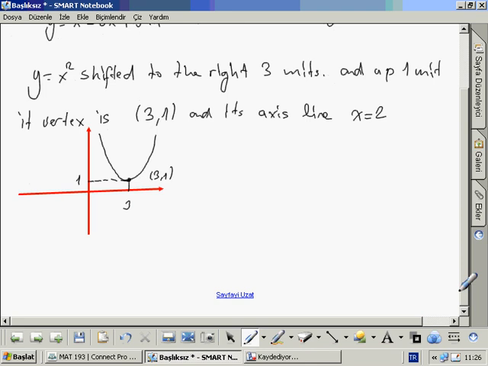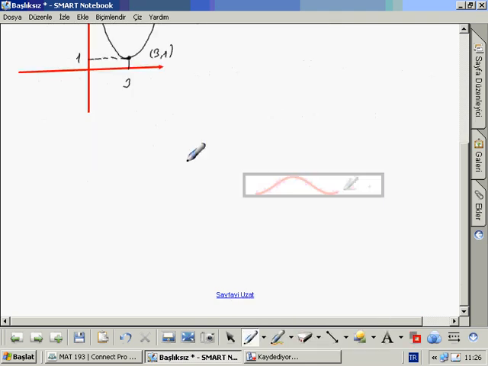And the ellipses and the hyperbolas, let's talk about them.